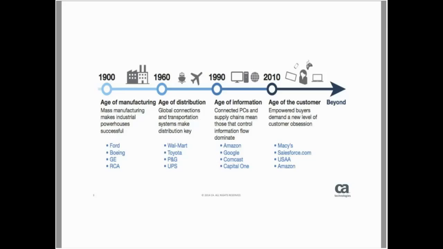And so we want to see how this has traversed over the years. We talked about the age of manufacturing, the age of distribution, the age of information, where PCs and supply chains drove the whole nine yards, with companies like Amazon thriving at that time. And then the age of the customer. This is what we are dealing with today, where everybody is obsessed about the customer.